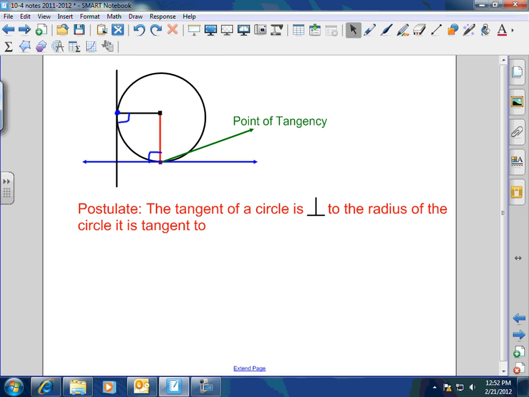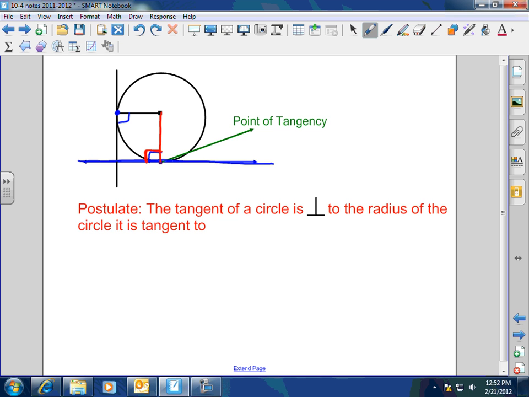Okay. Now, there's a postulate that involves tangents and radii. When you have the point of tangency created from a tangent line right here and the radius, you are going to create a 90-degree angle.